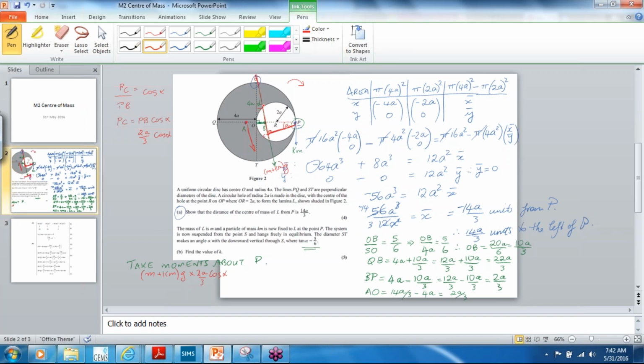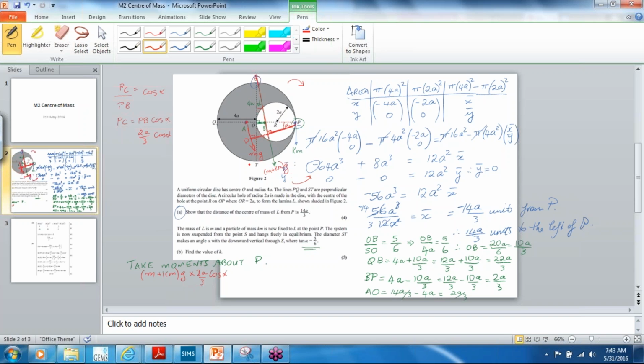So let's get this distance, and we now have mg acting anti-clockwise around P at this distance.